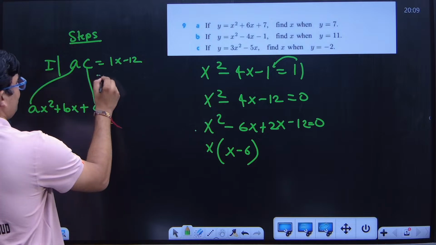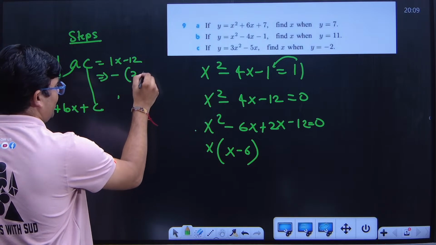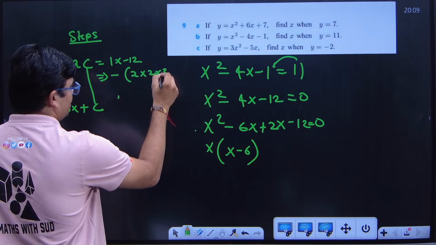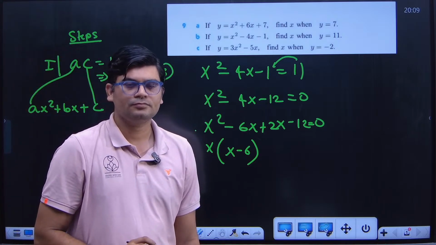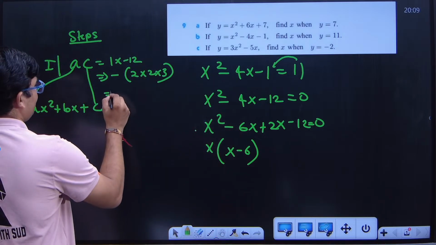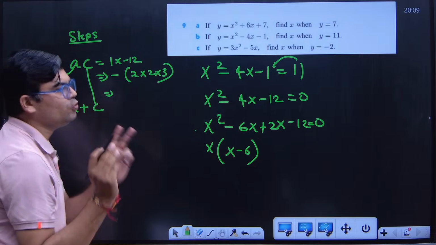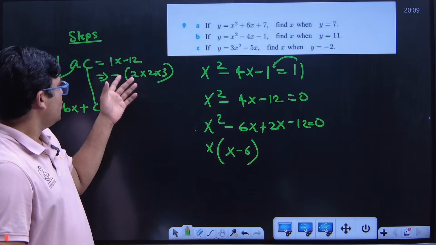In the second step, you have to do the prime factorization of all these numbers. So you will have 2 into 2 into 3. Understood? Then there is a third step. You have to look for two numbers which after subtraction give 4. Why subtraction?